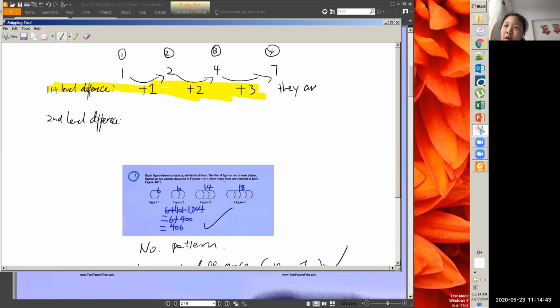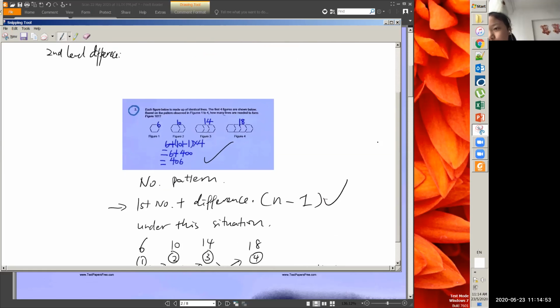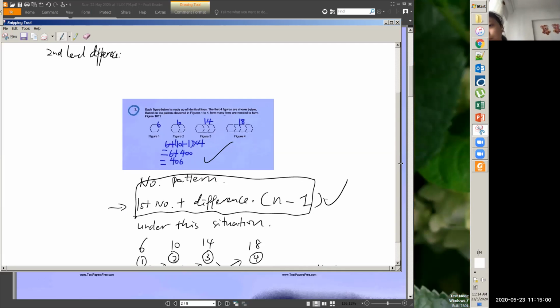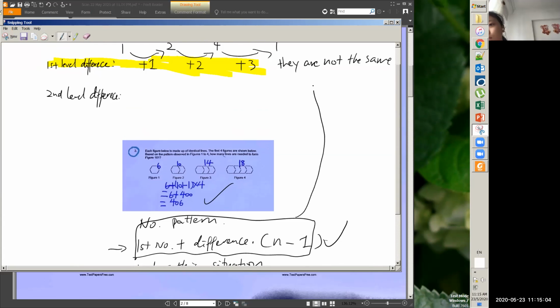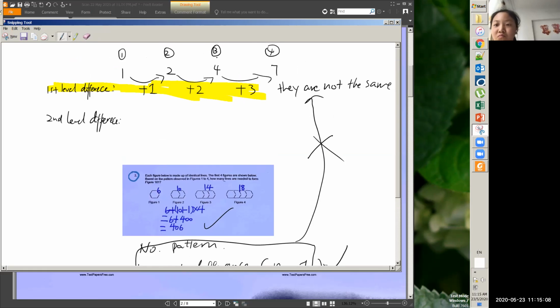If they are not the same, then you cannot use this formula. This formula can't be used for this question.